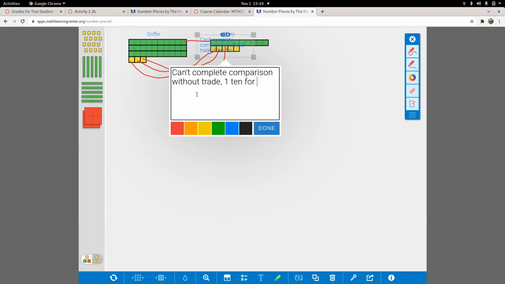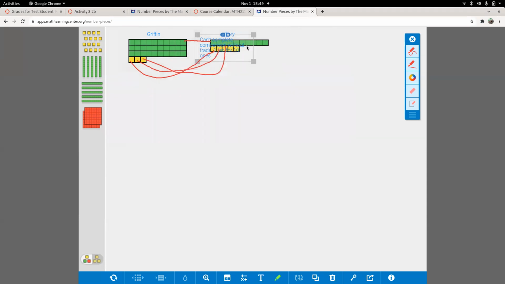1 ten for 10 ones. So I could redraw this, or I could just do the trade right here. I'm just going to do it right there this time, blow it up, and then I can continue. Pen back, please.